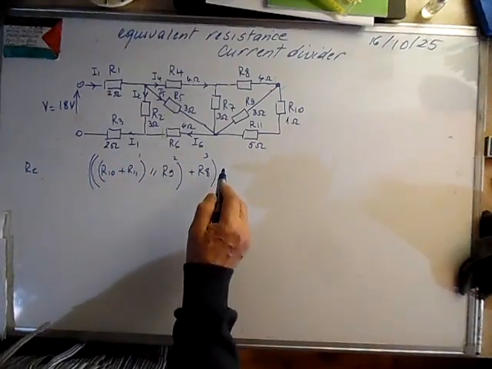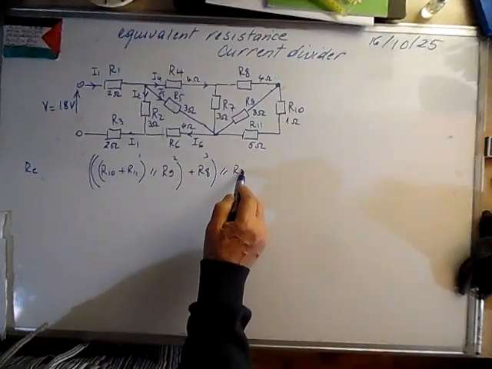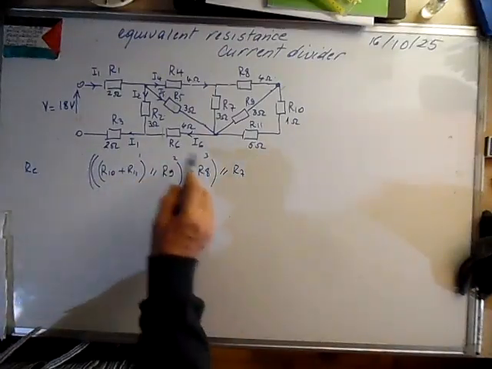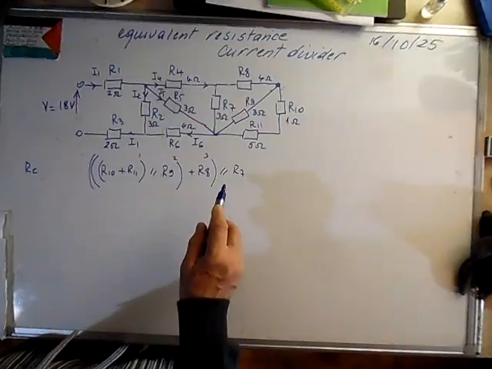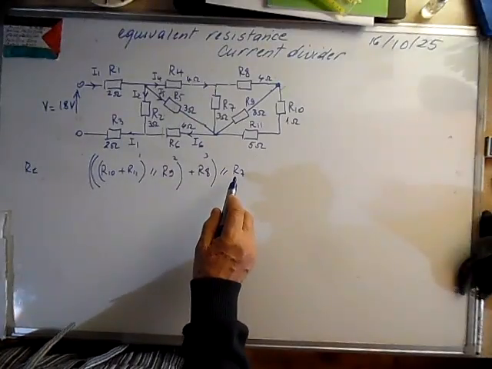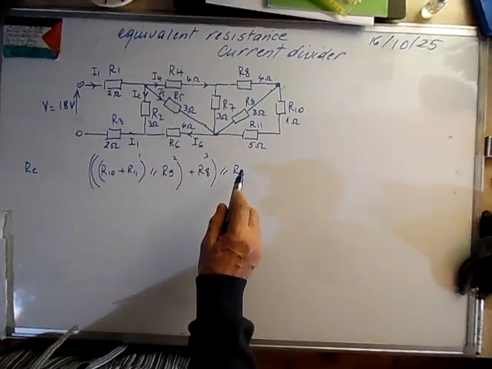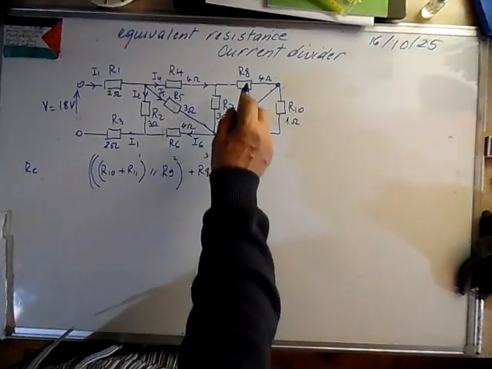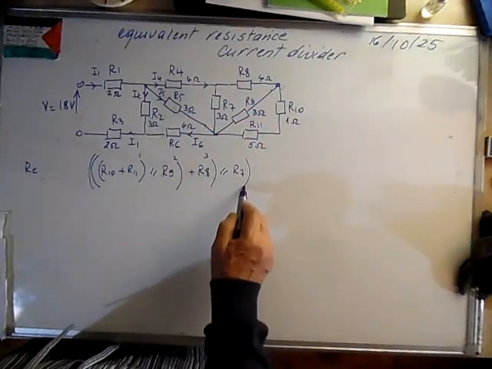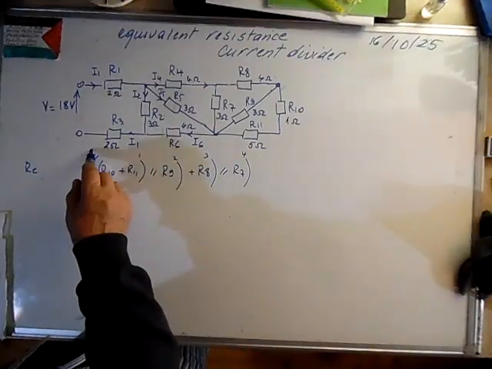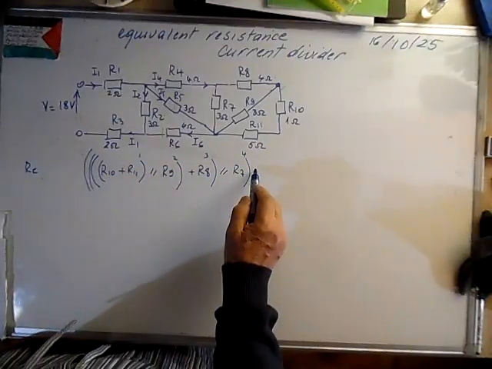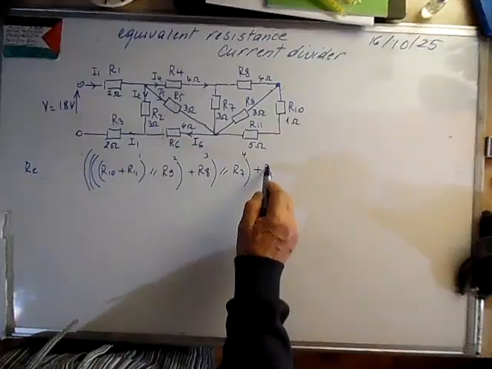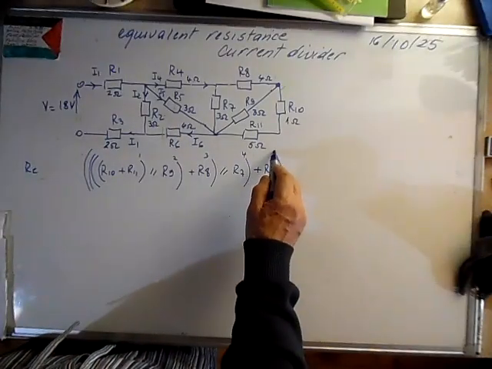Fourth step, we have R7 that is in parallel with all this, and here we can use the current divider to calculate I7 and I8. Okay, if we go further, now we add R4. This is the fifth step.